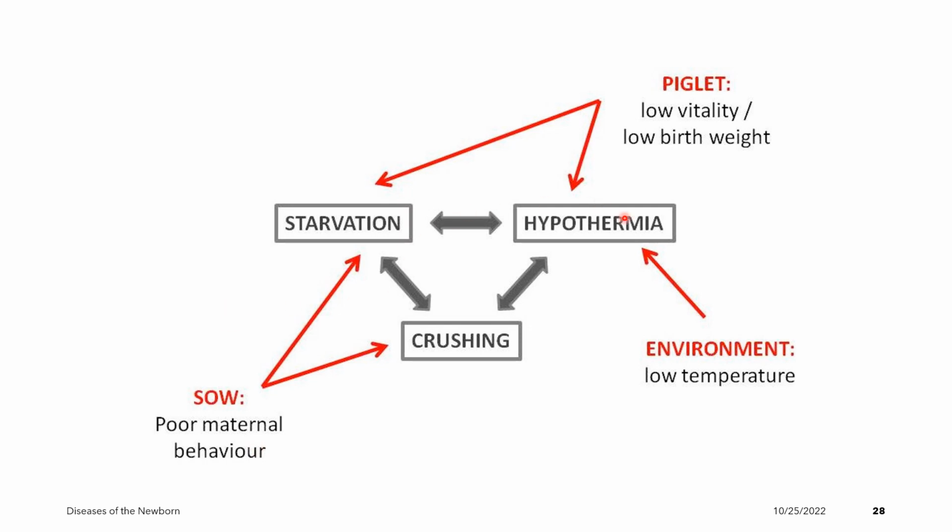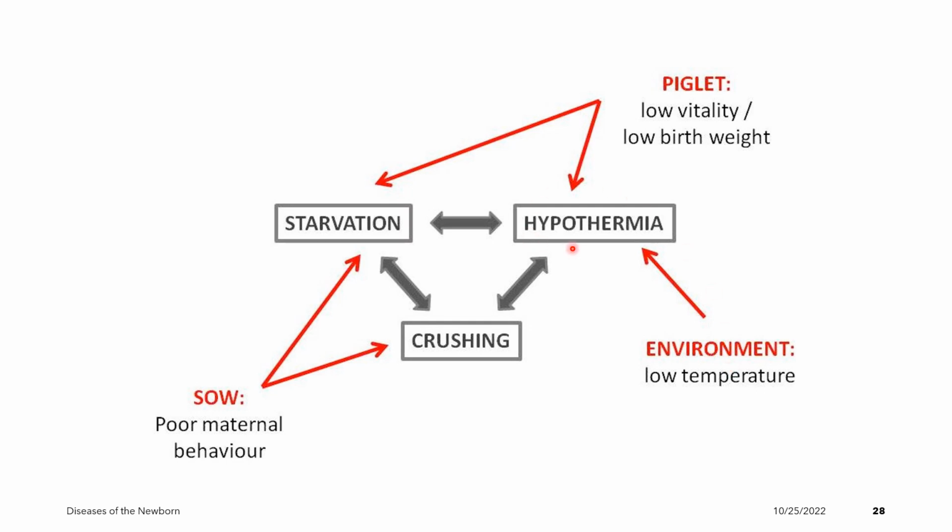Hypothermia is associated with the environment. For example, when the environment has a draft, is not draft free, and there is no provision of adequate temperature, it could lead to hypothermia.